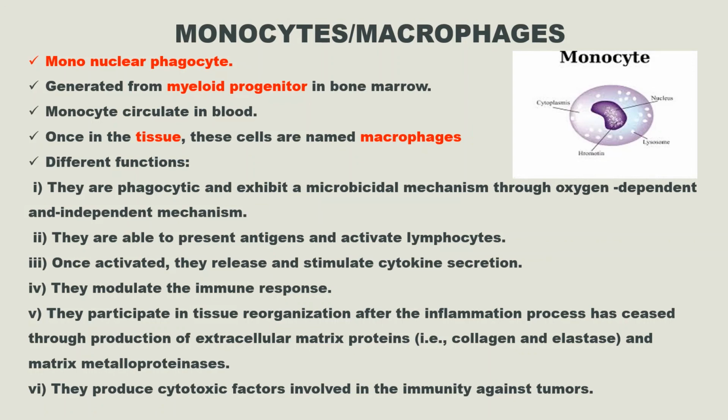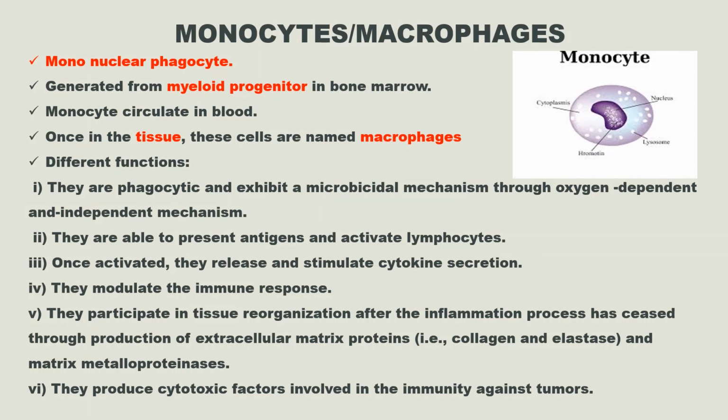Different functions of macrophages are: they are phagocytic and exhibit a microbicidal mechanism through oxygen dependent and independent mechanisms. They are able to present antigen and activate lymphocytes. Once activated, they release and stimulate cytokine secretion. They modulate the immune response.